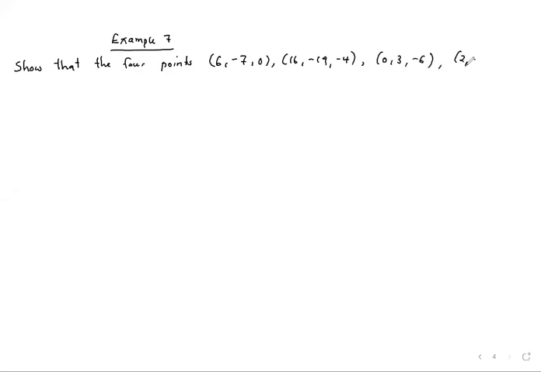Okay, example 7. Show that the points 4, 6, negative 7, 0; 16, negative 19, negative 4; 0, 3, negative 6; and 2, negative 5, 10 lie on the same plane.